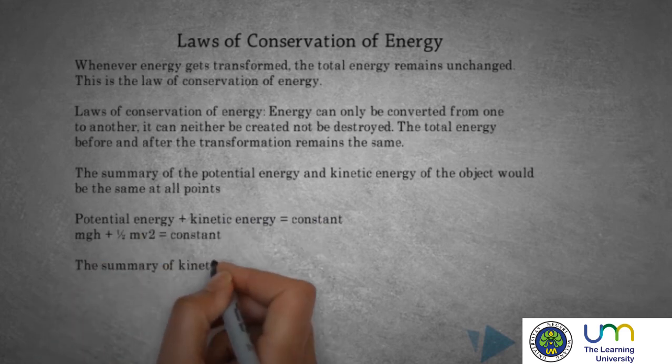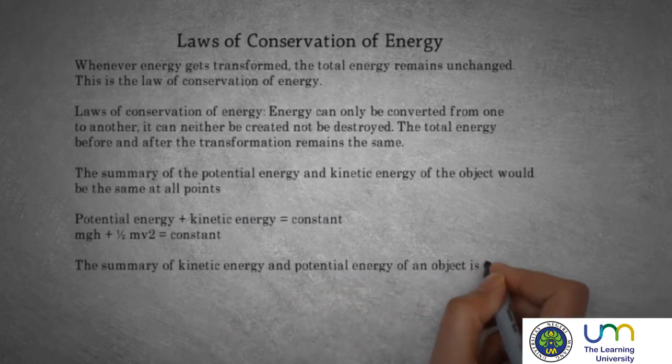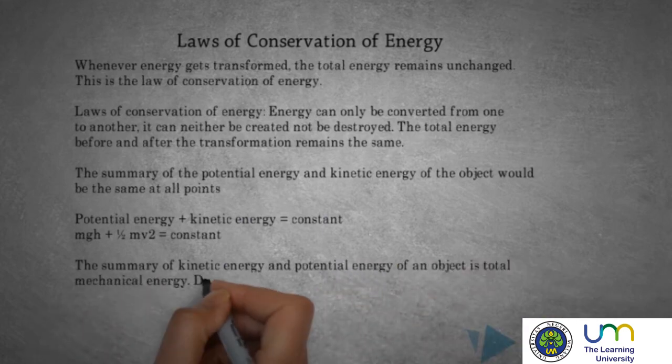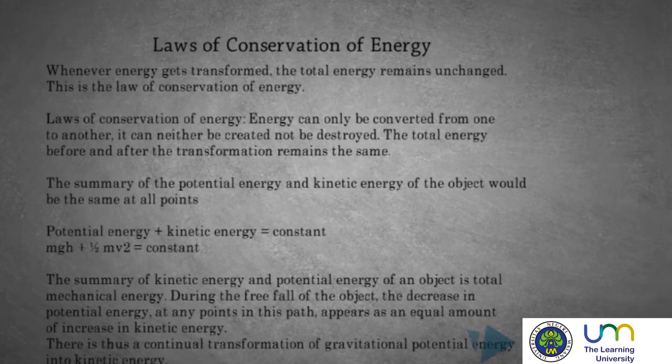During the free fall of the object, the decrease in potential energy at any point in its path appears as an equal amount of increase in kinetic energy. There is thus a continual transformation of gravitational potential energy into kinetic energy.